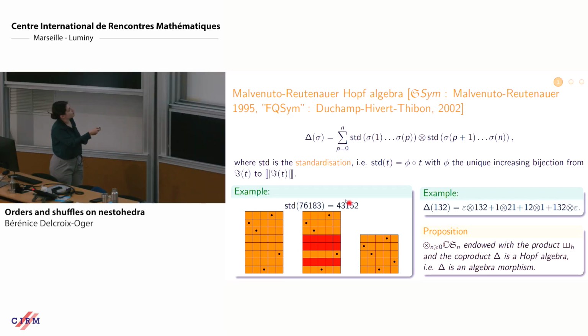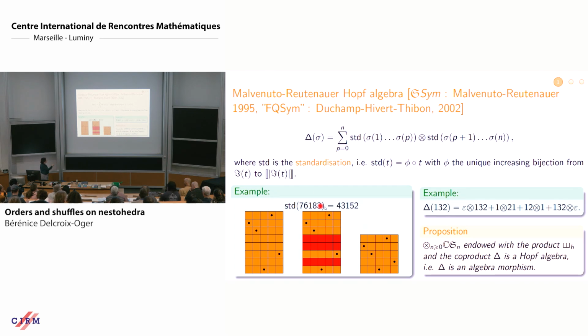So using this notion of standardization, the coproduct of the Malvenuto-Reutenauer Hopf algebra is obtained by just considering the first p letters of the permutation, standardizing what we obtain, and this gives the left terms, and the right terms are the other letters.